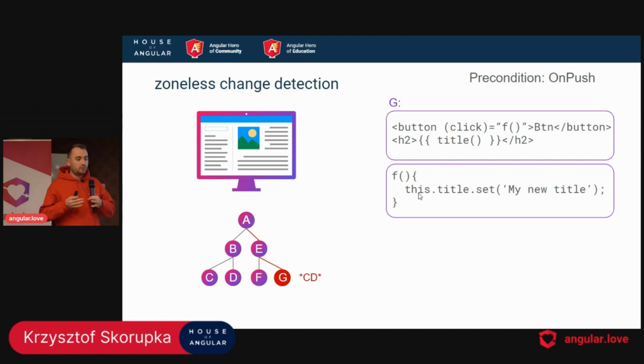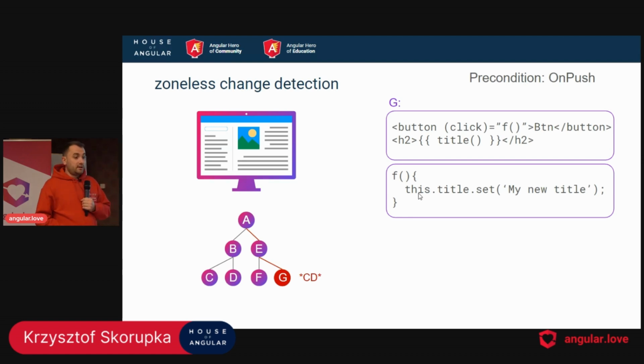So it's able to collect all of these notifications and then schedule the change detection. In this example, it's just with request animation frame, but this could also change in the future. Anyway, this is just an experiment, but it proves that this could work, and probably they will build on top of that in the future.